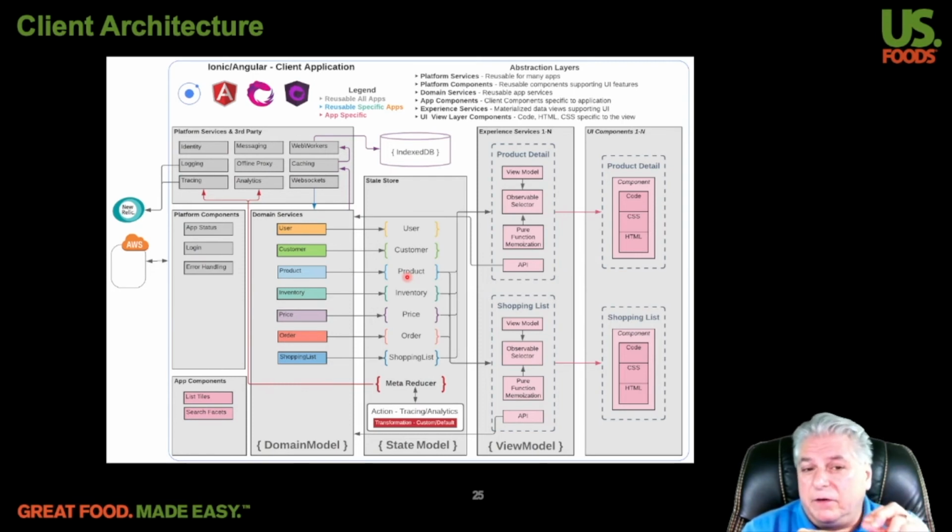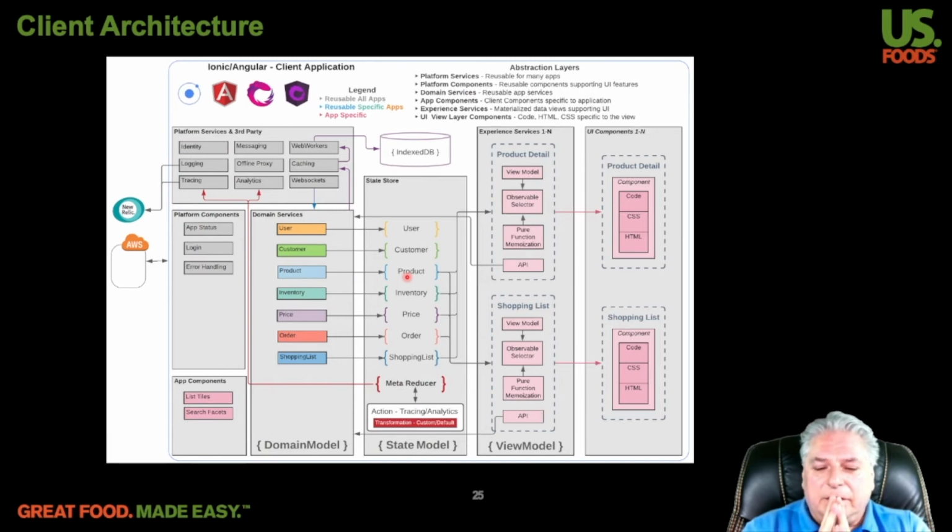So web workers is a very powerful tool, and you can do a lot with it. It adds another layer of complexity, but if you abstract that complexity out, then for the team that's working on users, customers, product domains, you could really simplify that part of it. So web workers, great. IndexedDB for caching, build out its own caching layer.